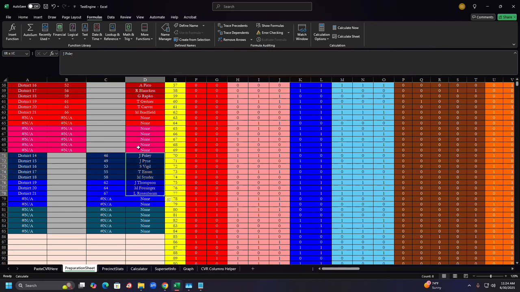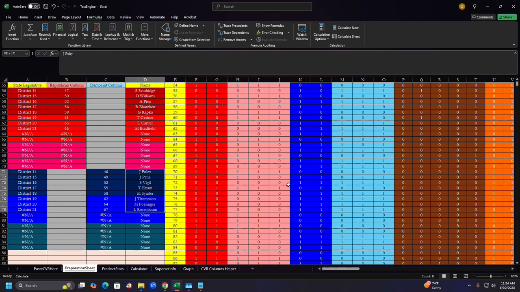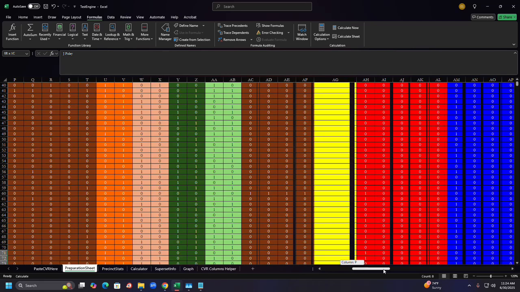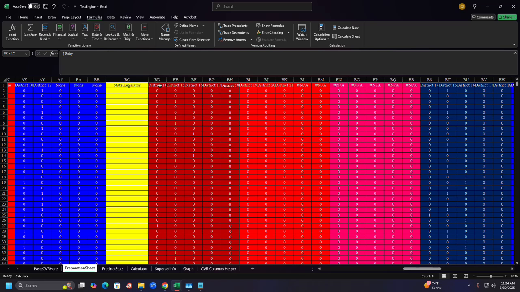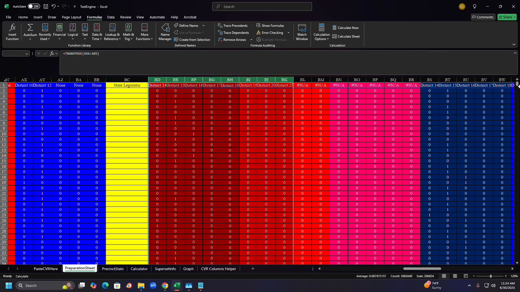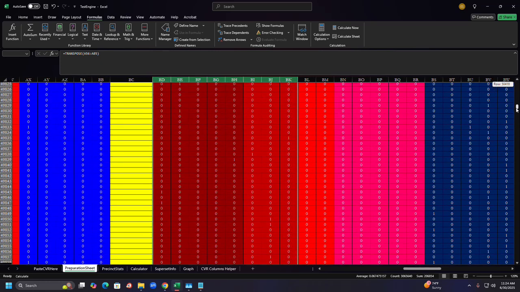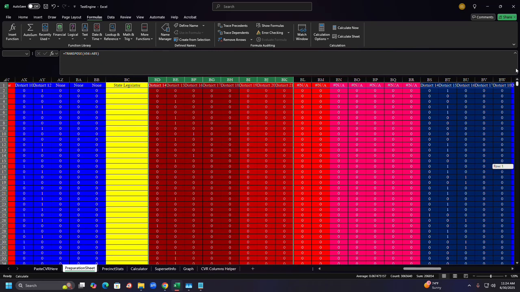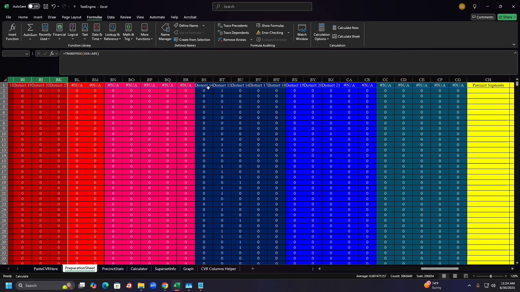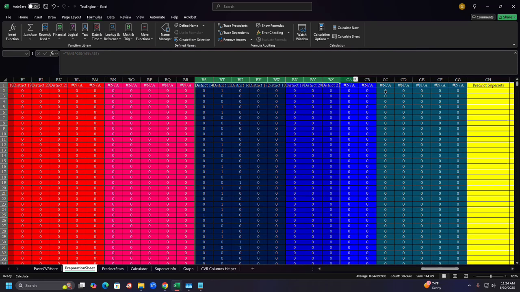I like to put the names there, but you have to do that yourself. And once again, you'll see all of the Republican state districts here from 14 to 21 are now appearing in this array. Okay? And then all of the Democrats are over here from District 14 to 21.